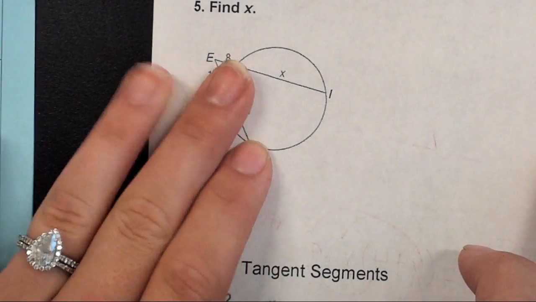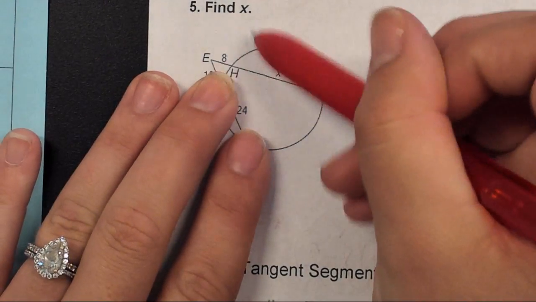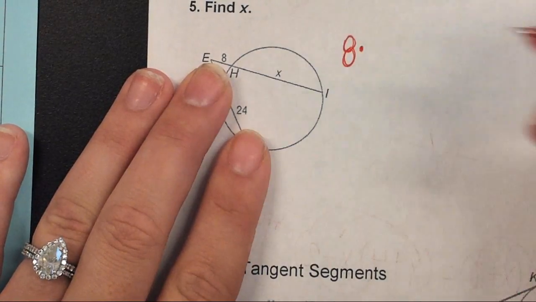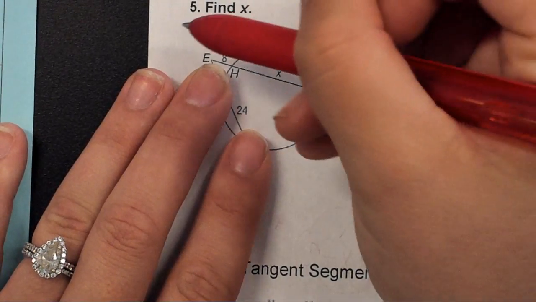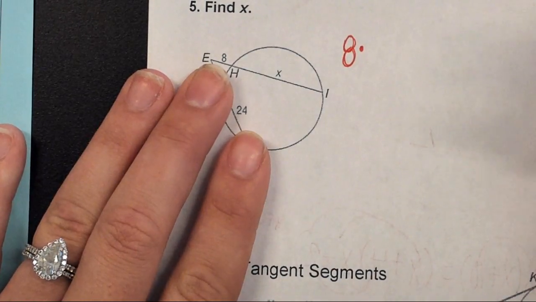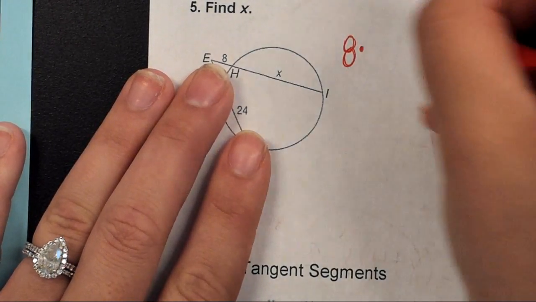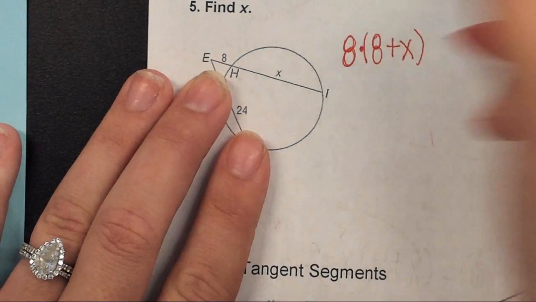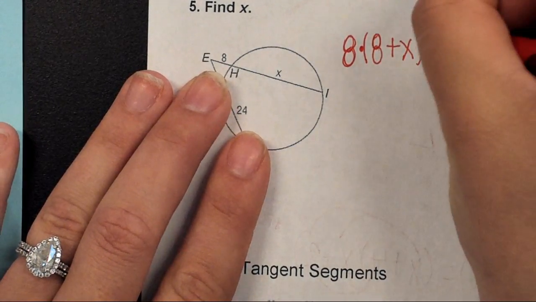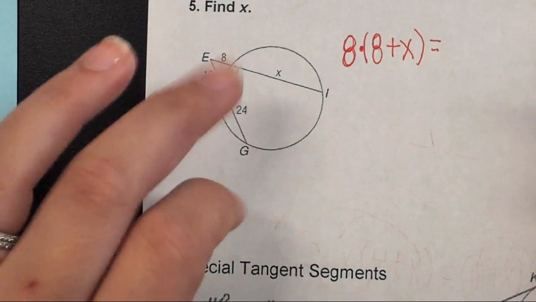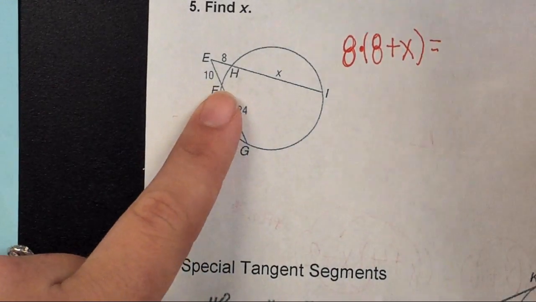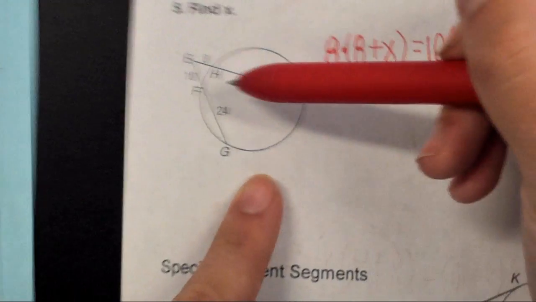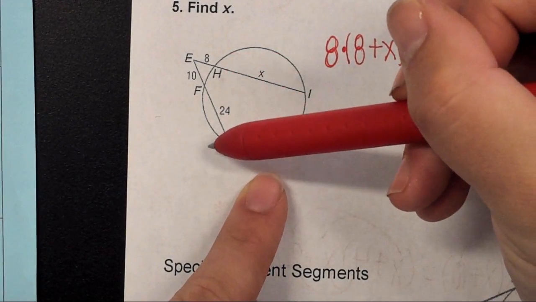Y'all got that? So let's look at 5. Ignore this line. We're looking at EI. What is the outside portion? So we're going to multiply 8 times. Now what does that whole line consist of? 8 and x. So we have to do 8 times 8 plus x. Equals, what's the outside of the second line? 10 times, what's the whole thing? 10 plus 24.